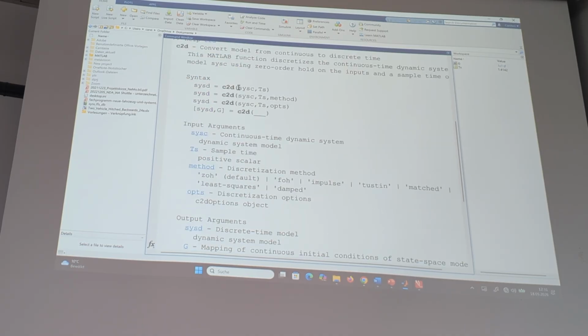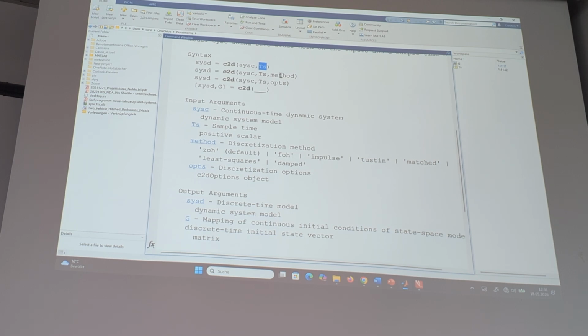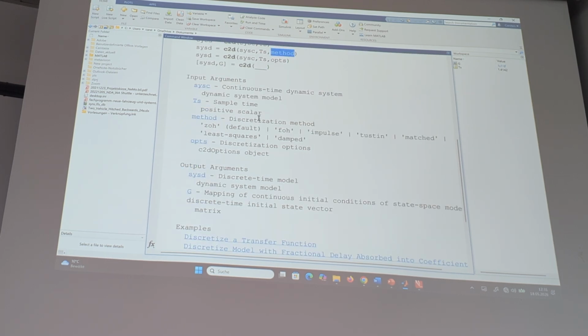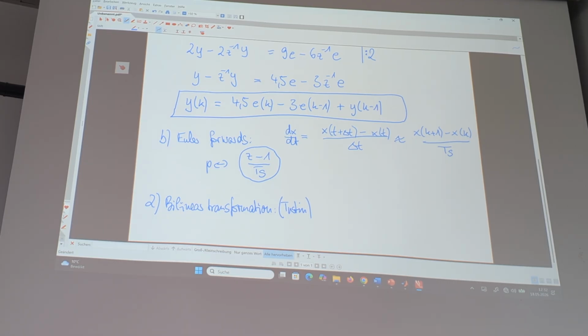Then we have the possibility to provide in the round brackets the system and the sample time, but also the method. And here you see the different methods that are possible. Zero order hold as a standard default method, but also Tustin, for example, can be chosen. And Tustin is actually the bilinear transformation, which is quite often used because it delivers good results.